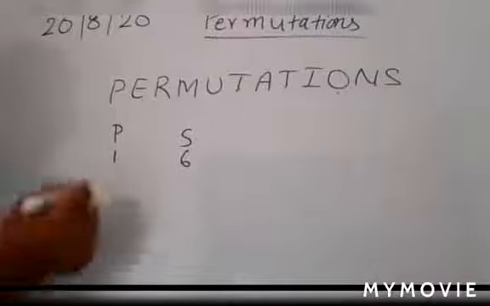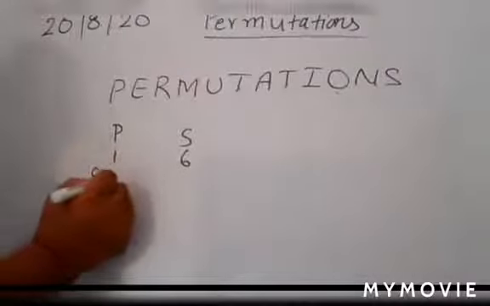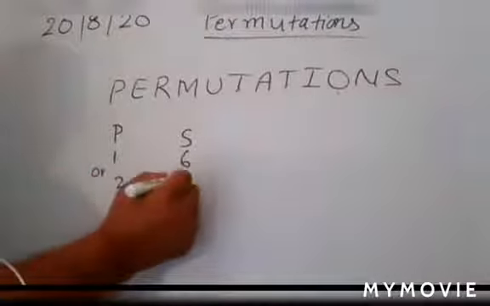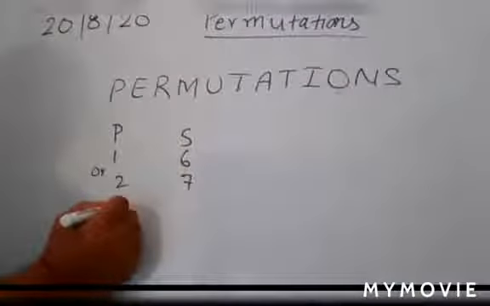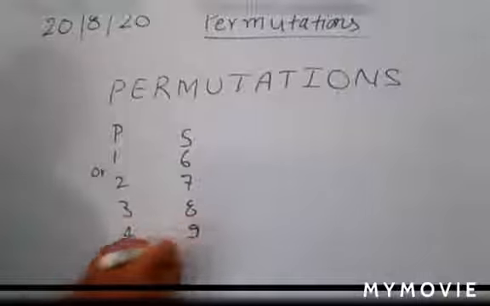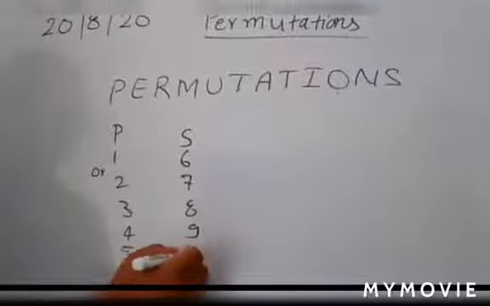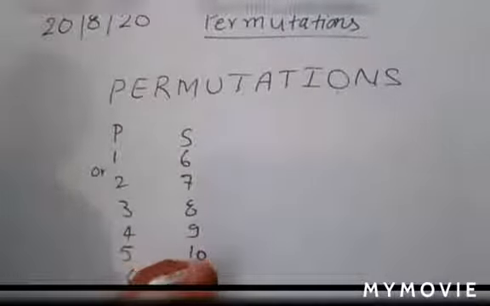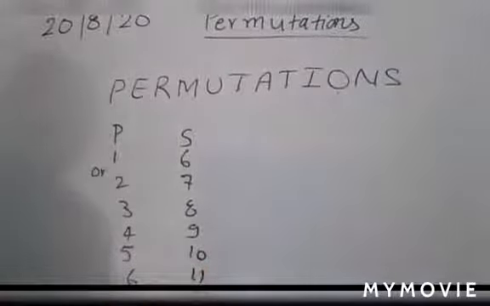Any doubt? Or if here you have 2, here you have 7, here you have 3, so 8, 4, so 9, 5, so 10, 6, so here you have 11, and 7, so here you have 12.